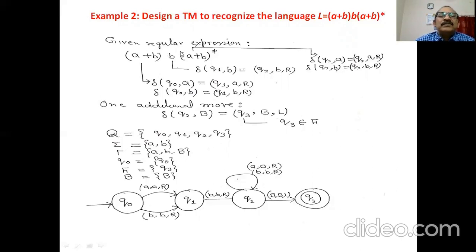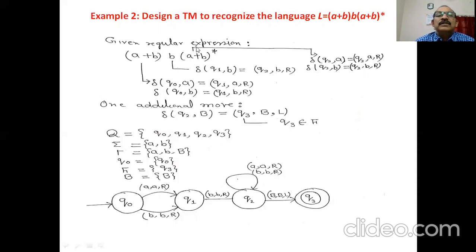Okay. Next symbol must be B. What will you do? Now the machine is in state Q1. If it reads B, it goes to the state Q2, replaces this B by B, and moves in the right direction. Okay.